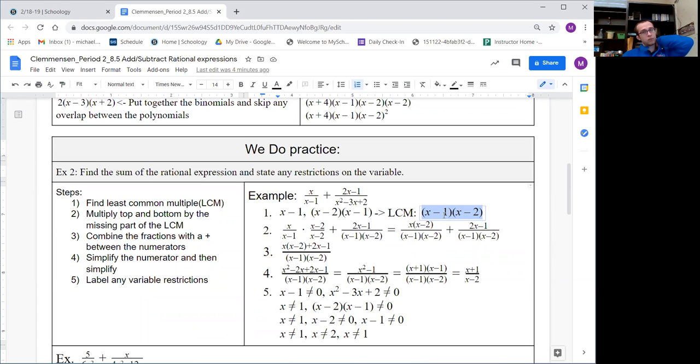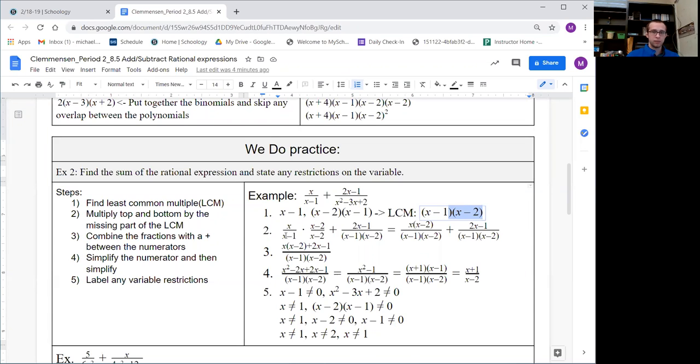So now that I have the least common multiple, I'm going to use it by trying to see what I need to multiply the top and bottom of my fraction by to make my denominator match. Again, I'm trying to make my denominator match. I originally had this x minus 1 as my denominator. To get that to match my least common multiple, I need to multiply it by this x minus 2. So I'll multiply top and bottom by x minus 2.